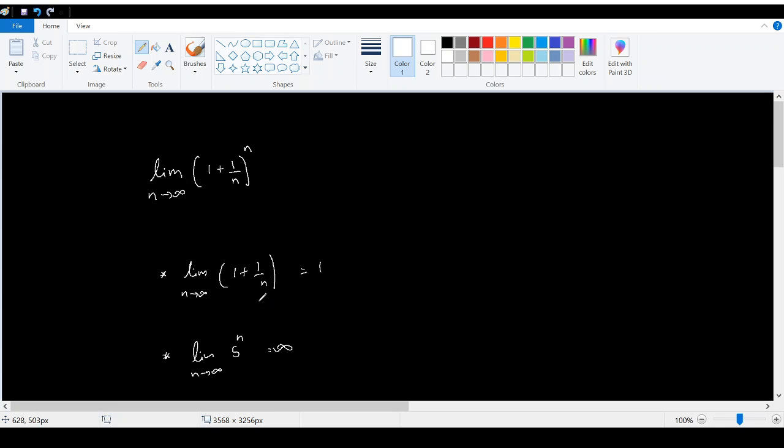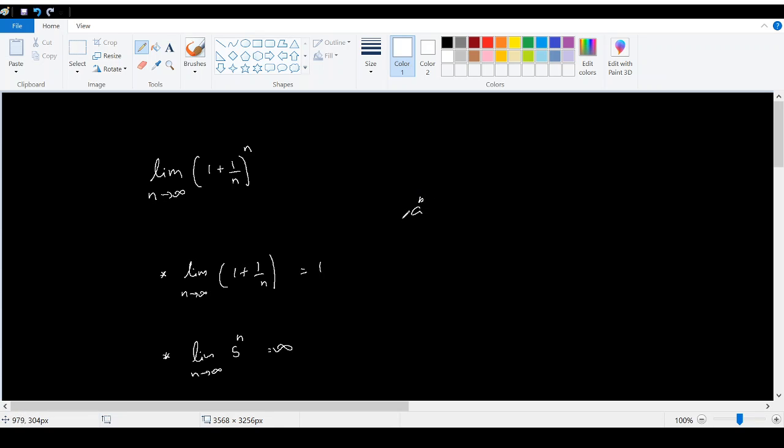But that sort of direct substitution is only possible when you have a power and a base, and the other character is not depending on n.